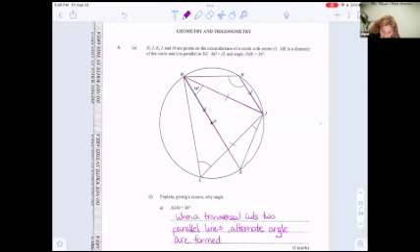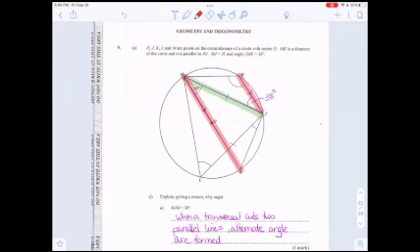So therefore, this angle here is 38. And look, this is the transversal. And this is the two parallel sides. Can you all see it? Yes, miss. It looks like a Z.